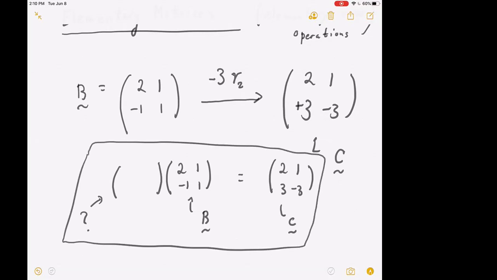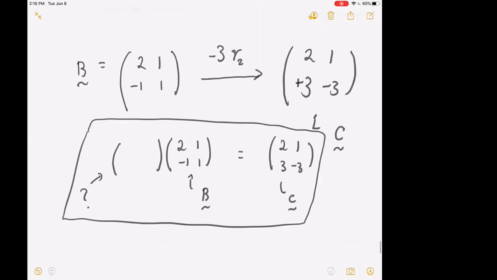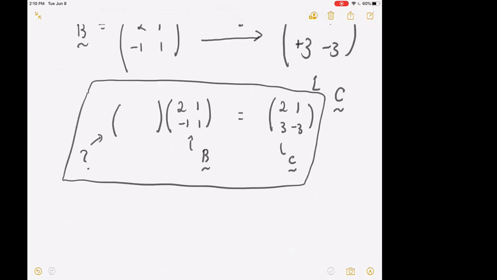And note the rules of matrix multiplication. All these matrices have to be compatible. So this question mark matrix has to be a matrix of order 2. It has to have 2 rows and 2 columns. So the answer is yes, there is such a matrix that you could build.